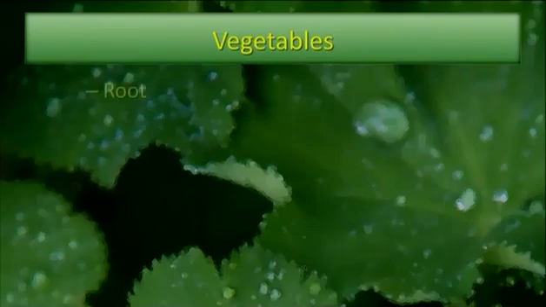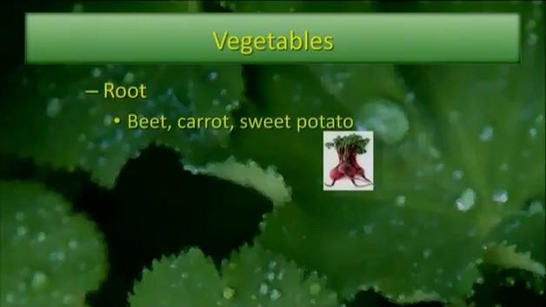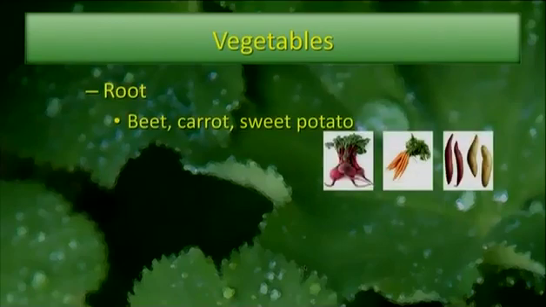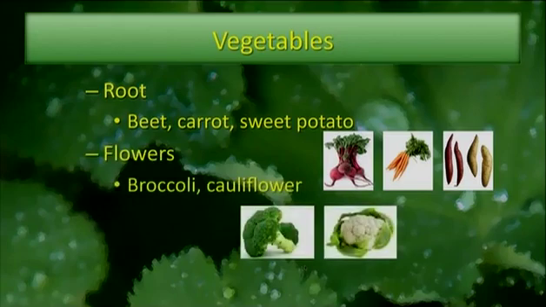And you also have roots, such as beet, carrot, and sweet potatoes, being considered vegetables. Whether they're starchy or not, they're still considered vegetables because they're actually vegetative organs. The vegetative organs of the plant are the roots, the stems, and the leaves. But not only them, also flowers, like broccoli and cauliflower.